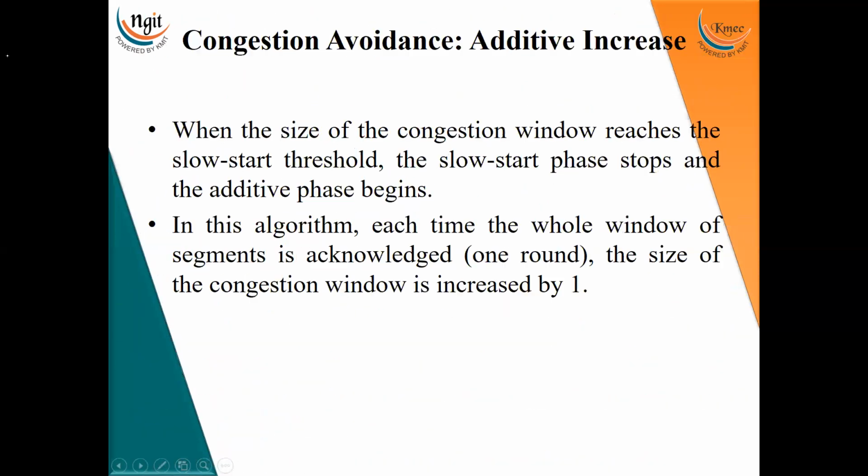Now, what is meant by congestion avoidance? When the size of the congestion window reaches the slow start threshold, the slow start phase stops and the additive increase phase begins. In this algorithm, each time the whole window of segments is acknowledged, the size of the congestion window is increased by 1.